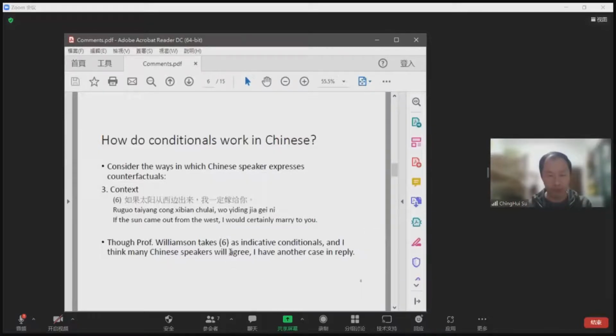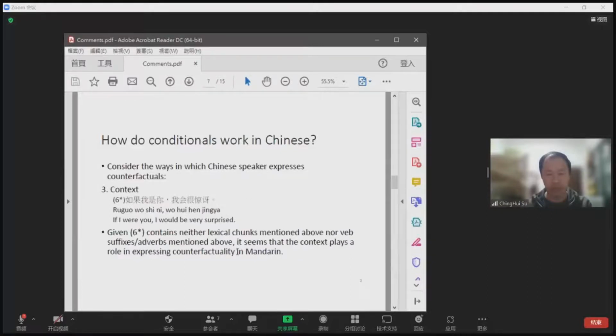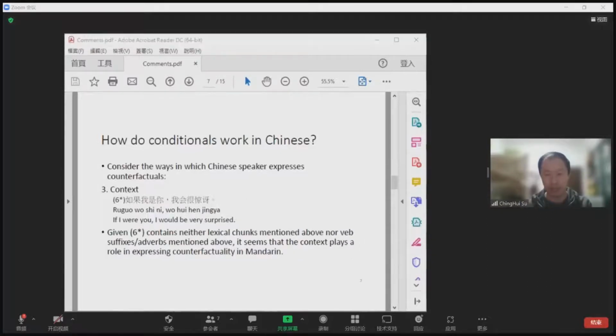So maybe I should use another case in reply, like this. 如果我是你，我很惊讶。Given that this contains neither the lexical chunks nor the verb suffixes or adverbs mentioned above, it seems that the context plays a role in expressing counterfactuality in Mandarin.